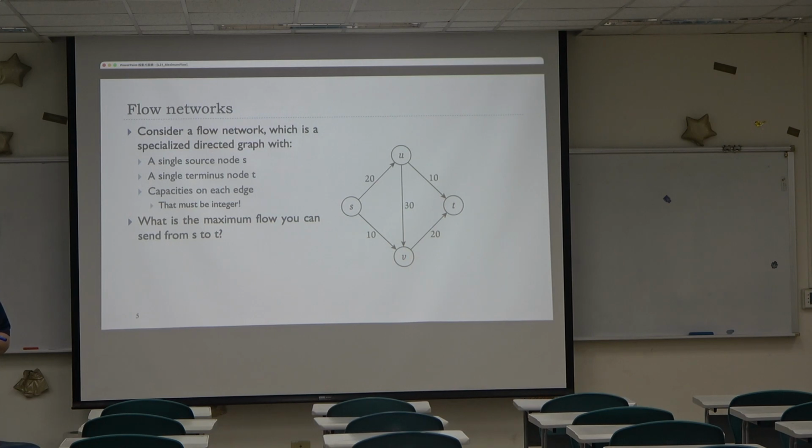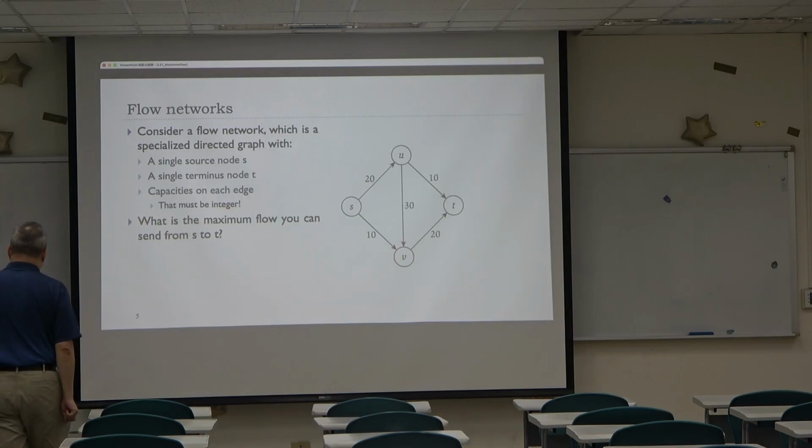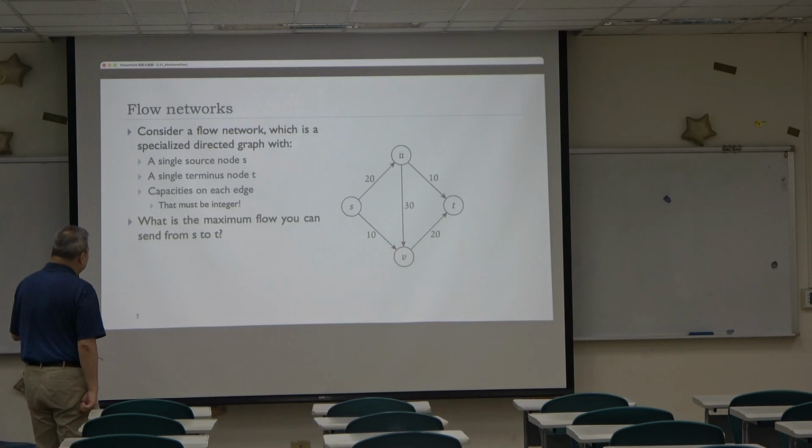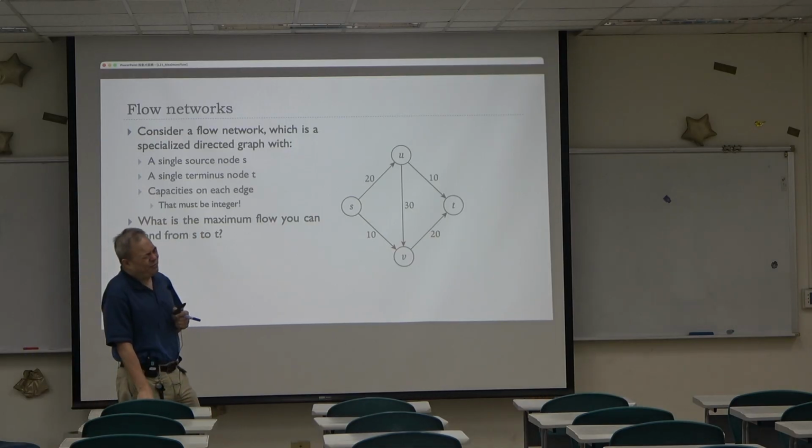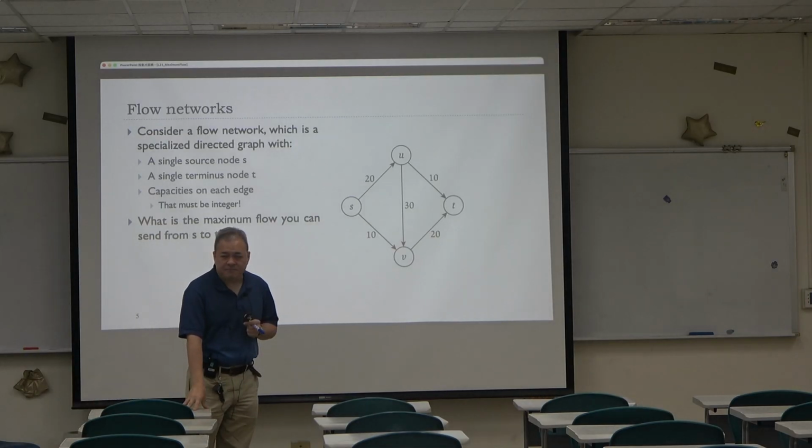Why do we consider integers? We will get to that later. The reason is that for algorithms to solve this maximal flow problem, it will be easier if we only consider integer weights.